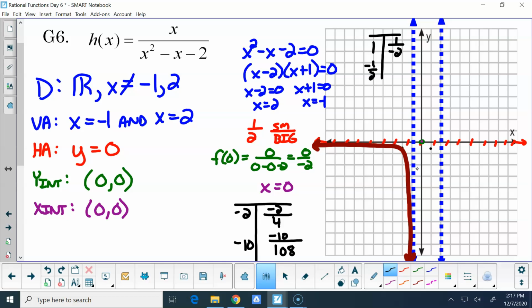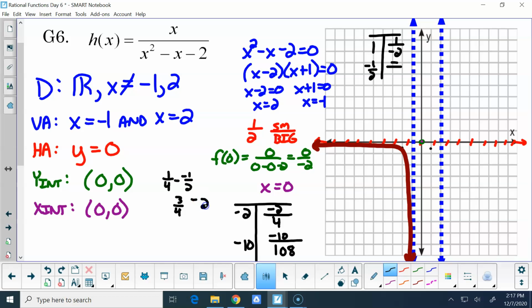Okay? So if I put negative 1/2 in there, that's going to be a negative number on top. Negative 1/2 squared is going to be positive 1/4, minus a negative is going to be positive, so it would be 1/4 minus negative 1/2, that's going to be 3/4.